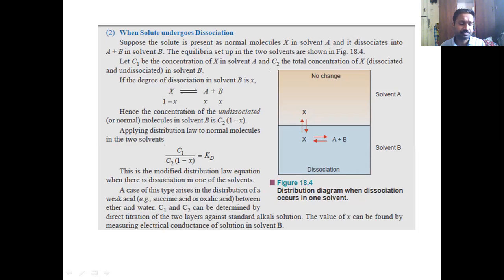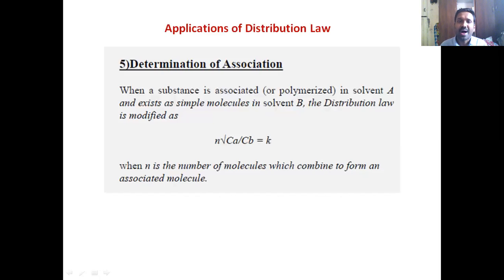In fact, in chemistry, we have a lot of applications stemming out of this distribution law. Let us look at the important few. One is determination of association. That is what we have been talking of. I told you, if dimerization takes place, n is equal to 2, small n. If trimerization takes place, n is equal to 3.